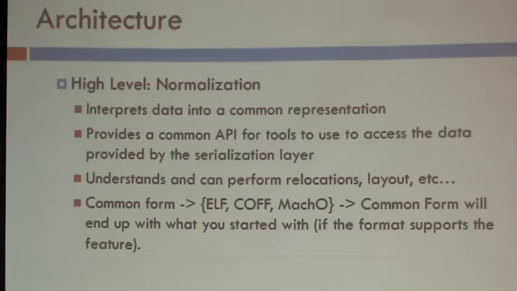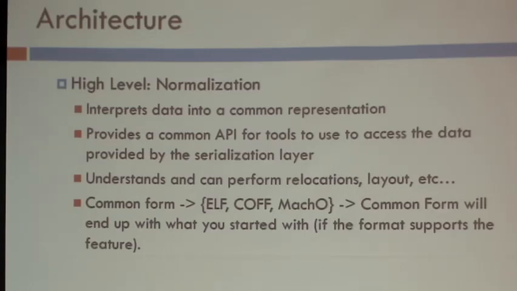In the high level, I decided on normalization, because I couldn't really think of a better term for it. But this interprets the data into a common representation and provides an API for tools to use to access the data. And this layer understands and can perform relocations and layout and relaxation and disassembly and stuff like that.